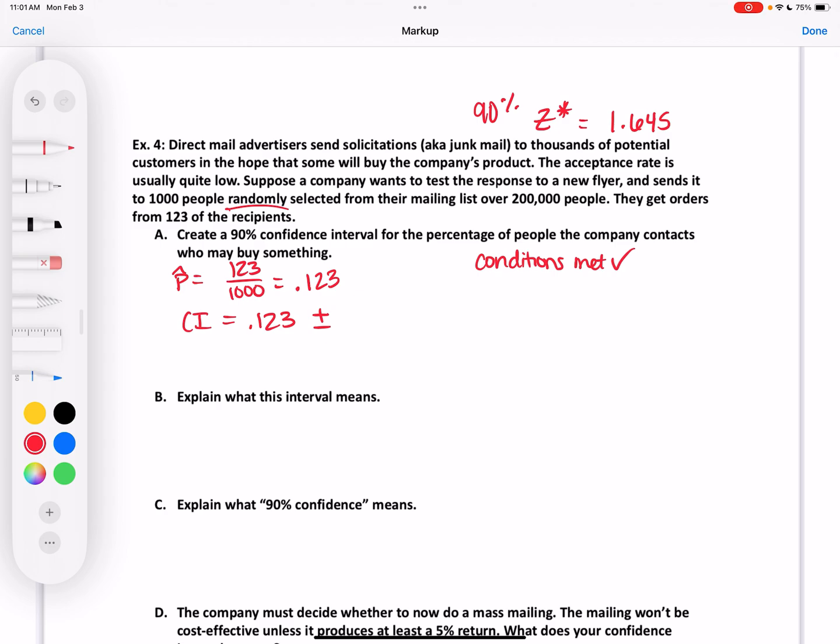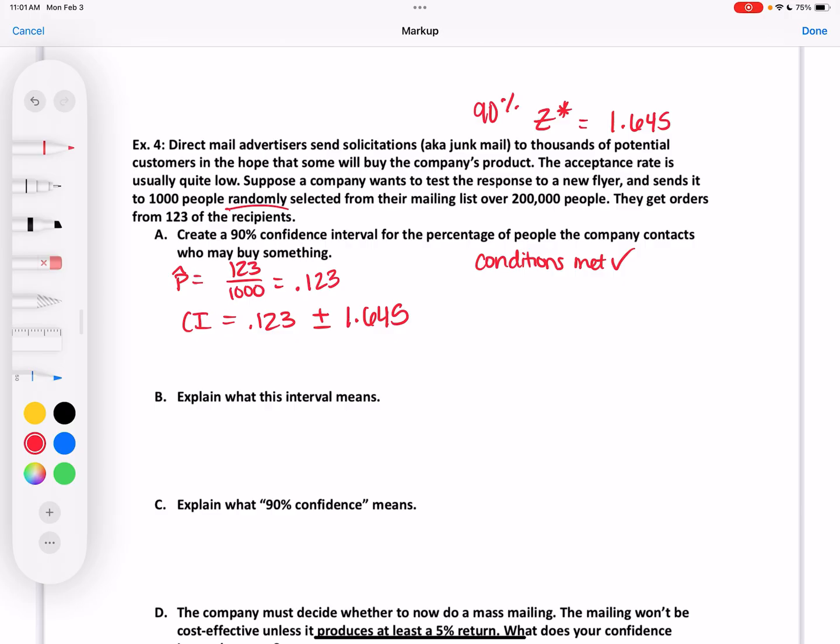Okay, so for 90%, z-star is 1.645, so that's what goes here. That's another one of those numbers you're going to need to know. We've done the one for 95, I think is the one I gave you. So you have 90, 95, and there's one other one that's like 2-something that you'll need to know as well, but I'll get there when I have to. I always refresh every year on which one's which so that I don't misquote.